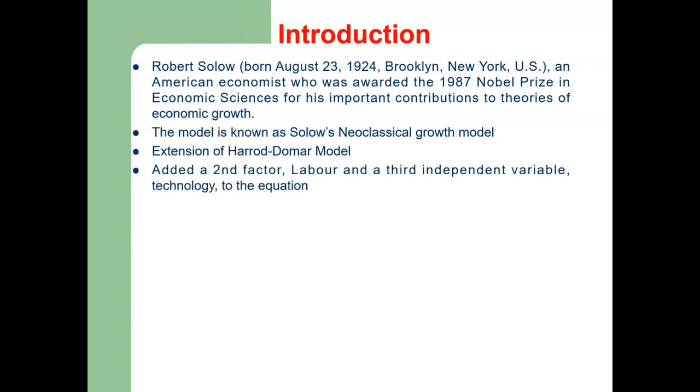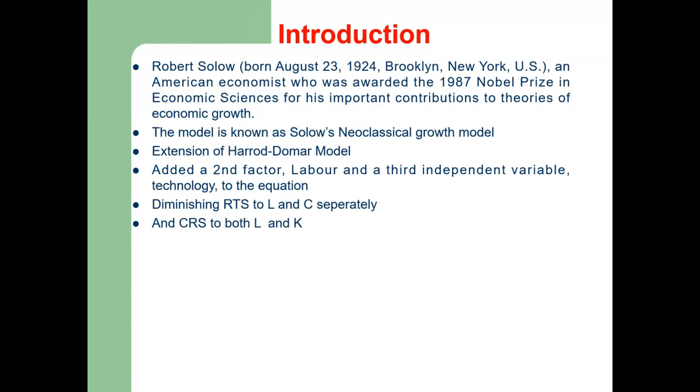Unlike the fixed coefficient and constant returns to scale assumption of the Harrod-Domar model, Solow's new classical growth model exhibited diminishing returns to labor and capital separately, and constant returns to scale to both factors, labor and capital, jointly. Technological progress became the residual factor explaining long-term growth, and its level was assumed by Solow and other new classical growth theorists to be determined exogenously, that is, independent of all other factors of production.